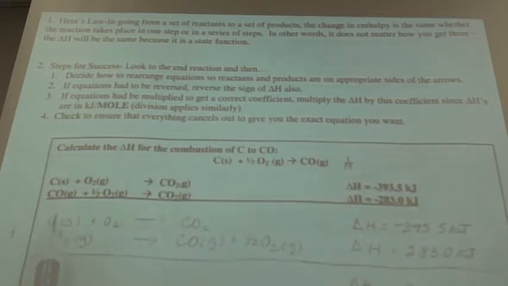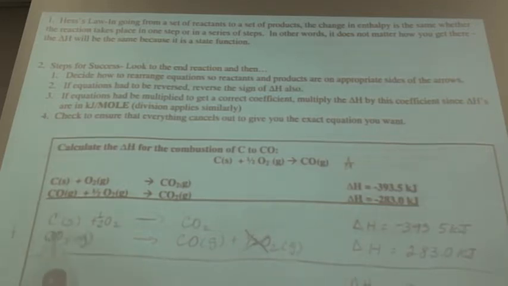Okay, C does not appear on this side, it stays. Oxygen, I have 1 mole of oxygen here and half a mole of oxygen here. This half mole of oxygen will cancel out half a mole of this oxygen. And I see CO2 exactly the same on both sides of the equation, so it cancels. I believe I'm ready to add.